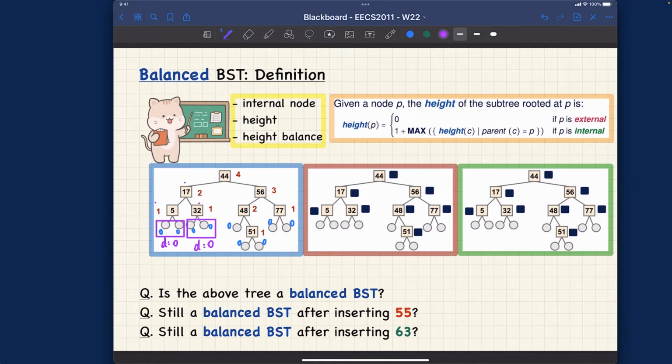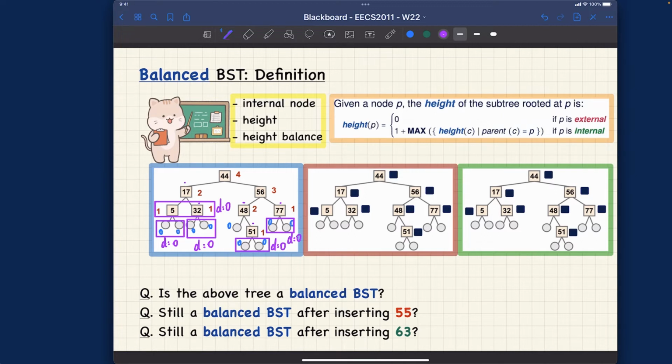In that case, the two child nodes are over here, and the difference is actually 0, because you can see 1 and 1. Right? Let's do some similar exercise. And what about this internal node? The child nodes 0 and 0 for their heights, so the difference is actually 0. And for this internal node over here, the child nodes will be 0 and 0. So the difference is also 0.